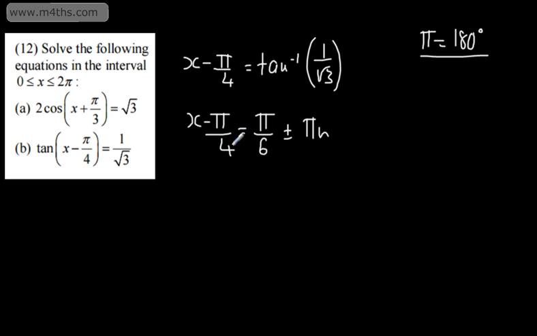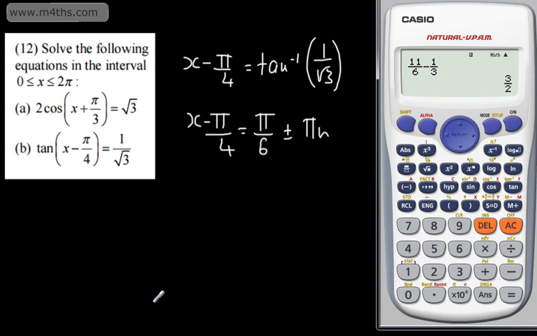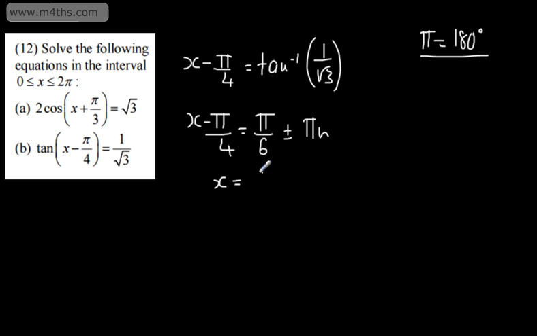So what are we going to have here? Let's just add a 6 and a 1/4. I should be able to do that in my head. What's that? It's going into 12. So let's just do it. So 0.25 plus, and I apologise, I'm having to do this on a calculator rather than pencil and paper. 5 pi by 12. So x is going to be equal to 5 pi by 12.